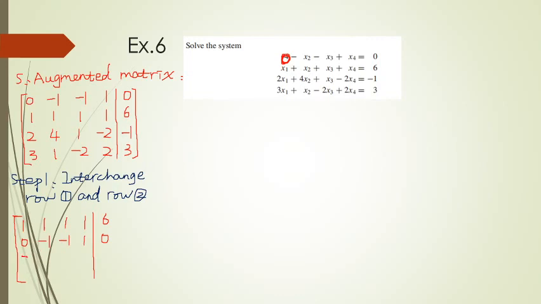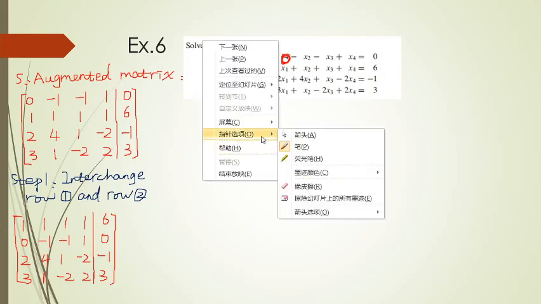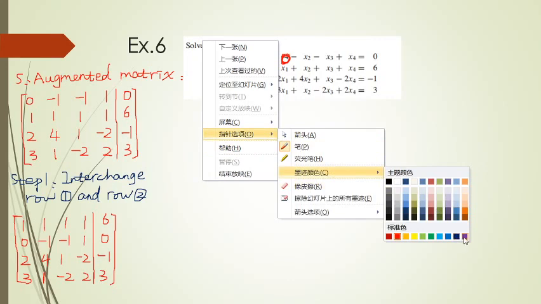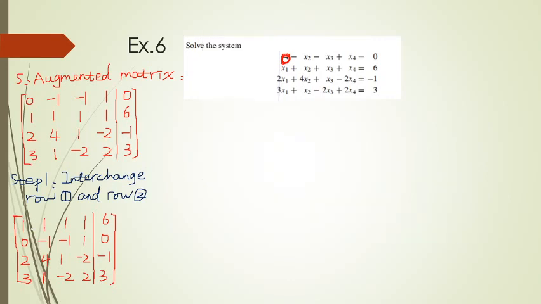Then the third and fourth are the same. 3, 1, minus 2, 2, 3, right? So that is the easy row operation, interchanging two rows. Then we can decide the pivot row and pivot. So the first row is the pivot row.